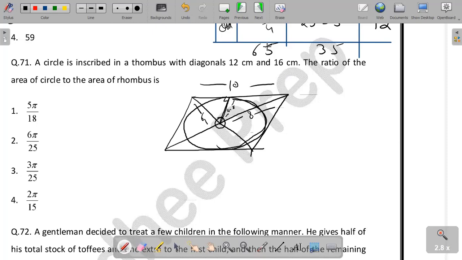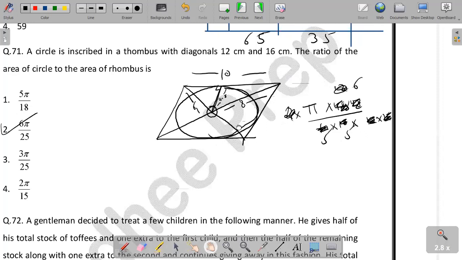So now I have to find the ratio of area of circle, that is pi r square, that is pi into 48 into 48 by 10 into 10, and the area of the rhombus is half d1 into d2. 16 and 3 and then 4 and then 12. Now 5. Now 6 and 5. 6 pi by 25 should be the answer.